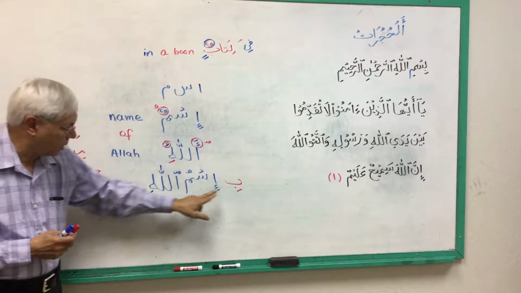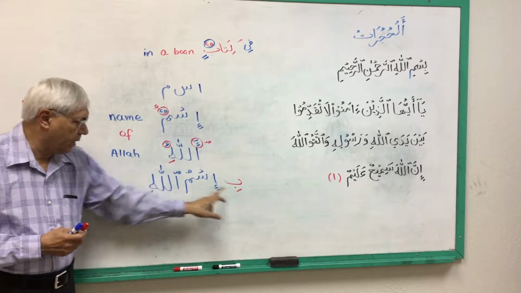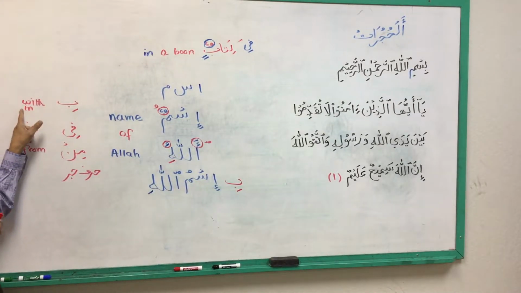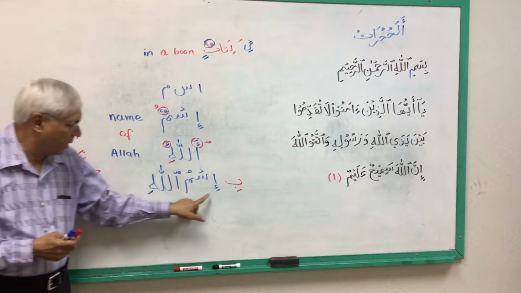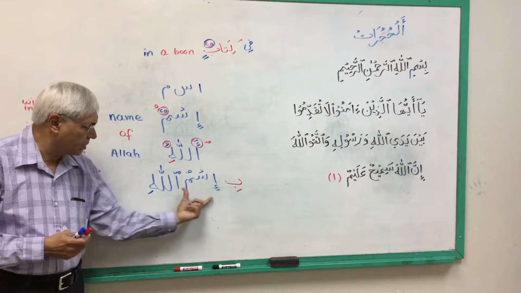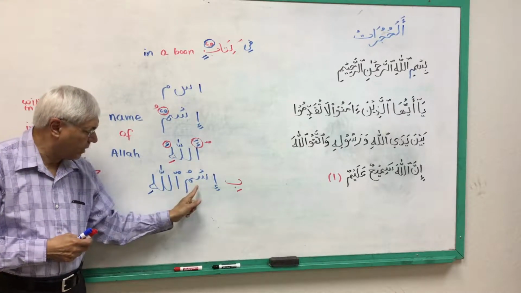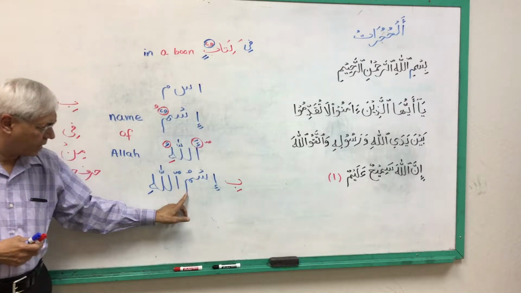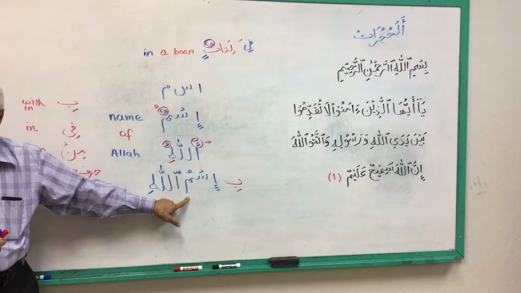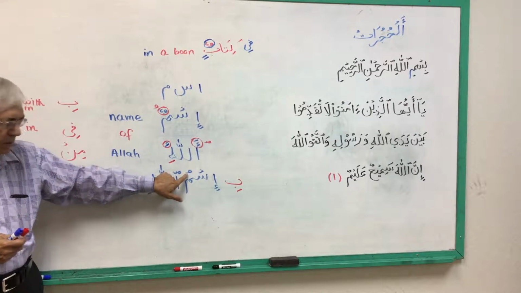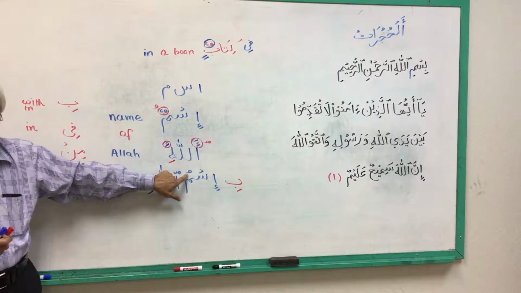So now look at this one. Bi means with or sometimes in. It is before this noun. So it will look at the noun and then look at the last letter, which is mim. And then it will look at this harakat, which is dhamma.